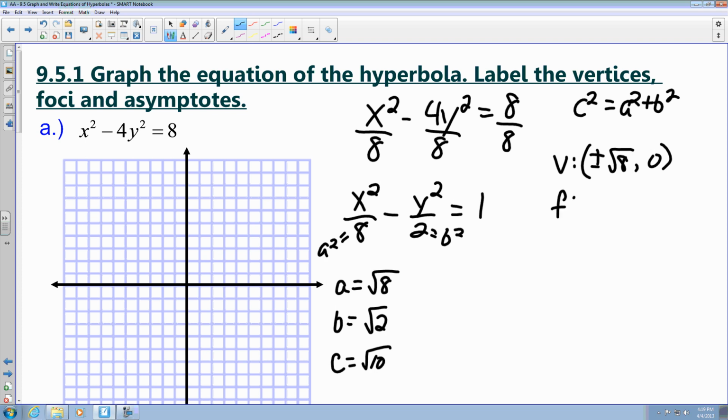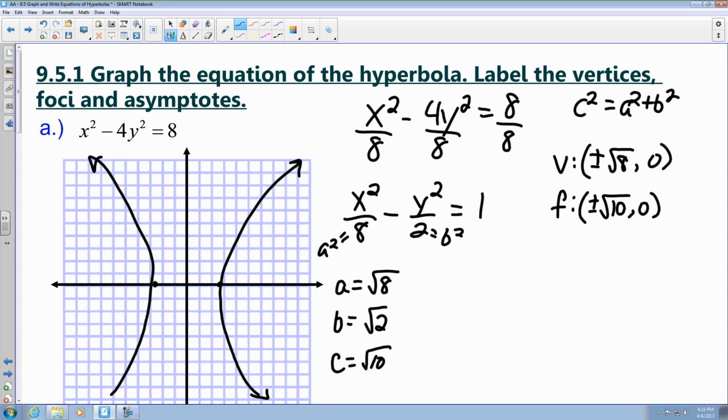And my foci is going to be plus or minus the square root of 10, comma 0. So the square root of 8 is roughly 2.8, so it's almost like 3. So here and here are going to be the points for my hyperbola.